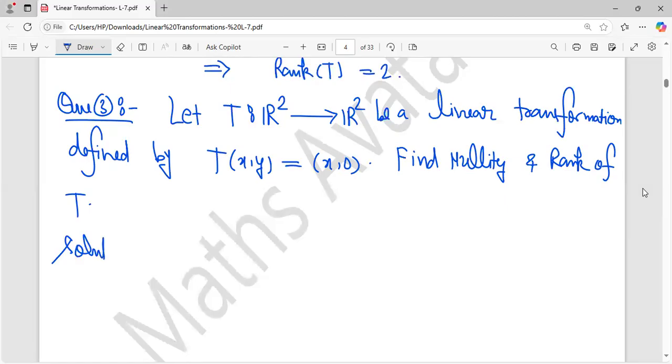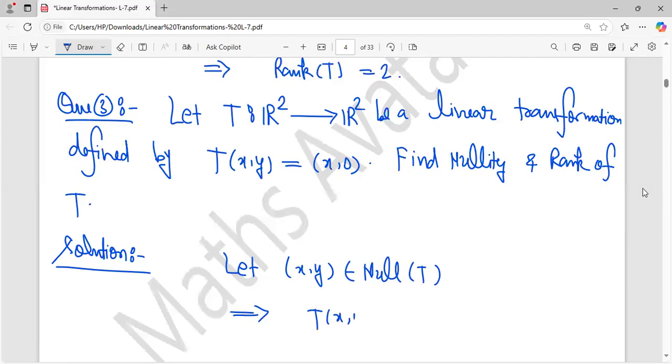Solution. Let (x, y) belong to null T. This implies T(x, y) is equal to (0, 0).